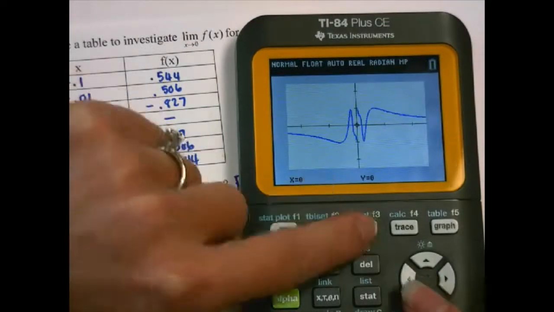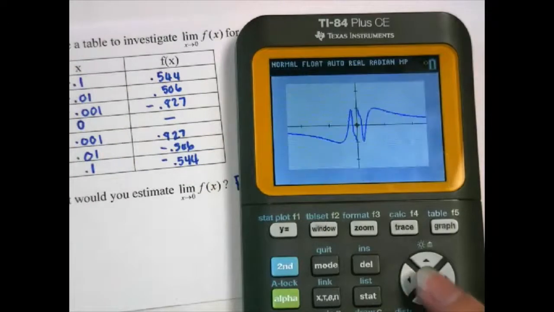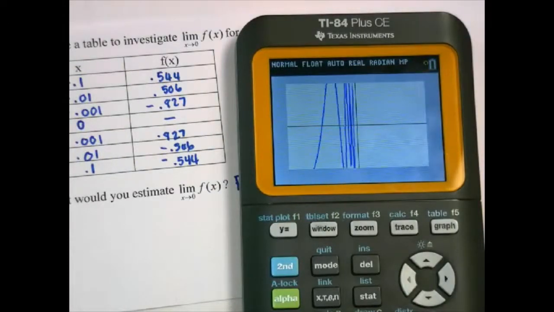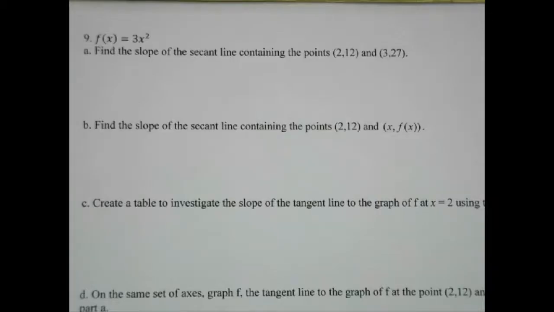Okay, zoom in again. I think it's pretty safe to say that this is not going to hit a limit. As you go closer and closer, it's just going to get more crazy. So this limit does not exist.